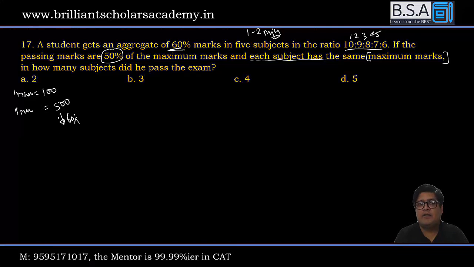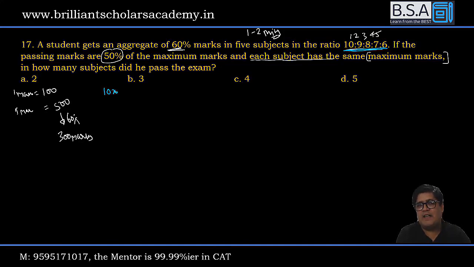Calculate. 500 का 60% क्या होगा? 300 marks. Now can I say these 300 marks are in the ratio of 10, 9, 8, 7, 6? क्योंकि ratios को आप real में use नहीं कर सकते.